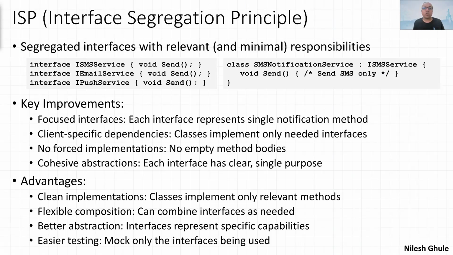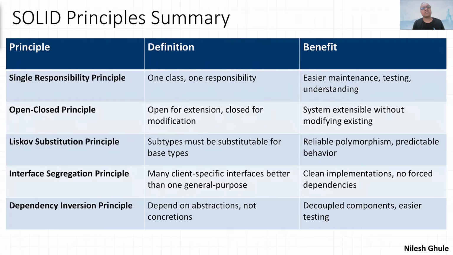So far, we talked about all of these SOLID principles. We talked about the single responsibility principle, which says one class, one responsibility. Then the open closed principle: open for extension, closed for modification. The Liskov substitution principle: subclasses should be substitutable for the superclasses.